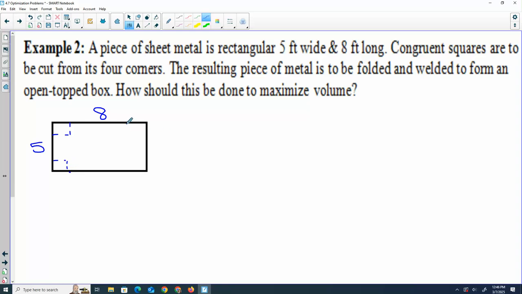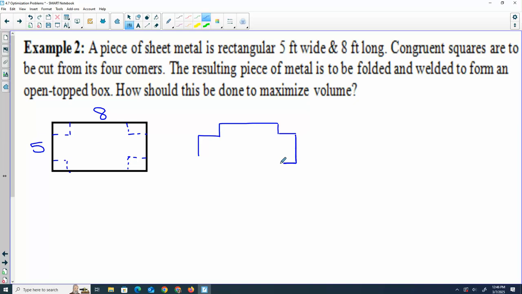What does congruent mean? They're the same. So all the same size. The resulting piece of metal is to be folded and welded to form an open top box. Okay, so can you visualize that? When I cut out the squares.